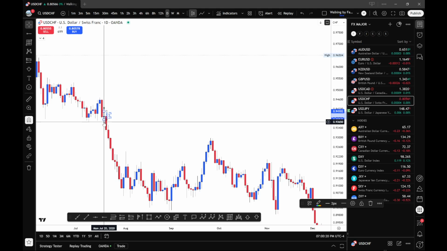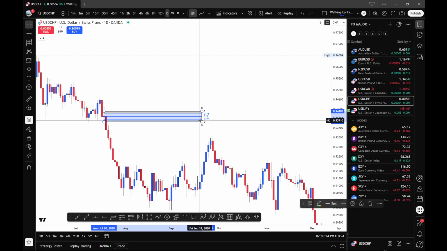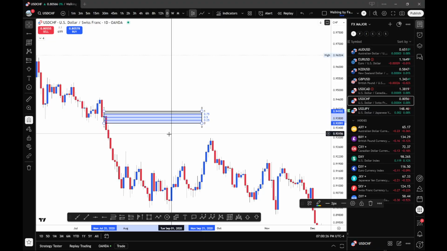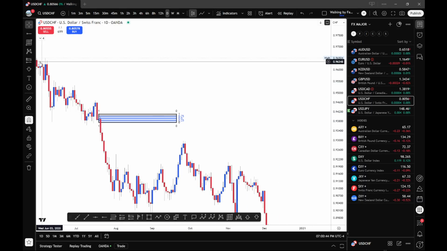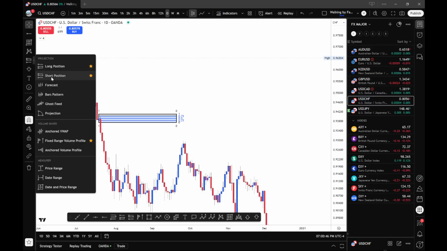For the drop, base, drop, I tend to just mark up my Gann box on the wicks of the base. I determine how my zone is going to be because of the wicks of the base.